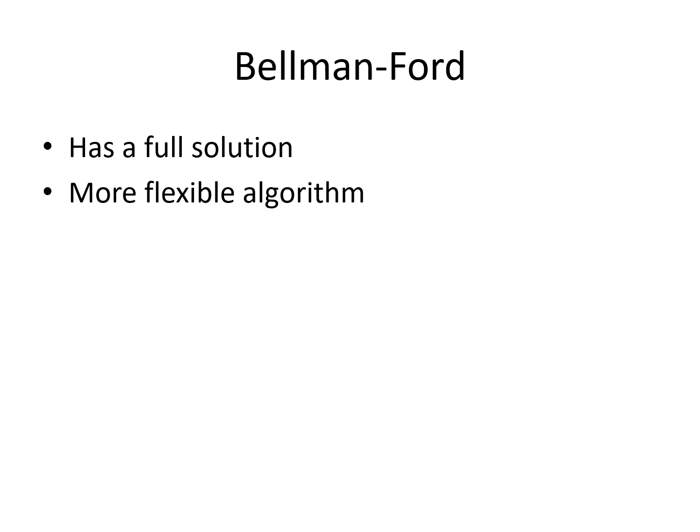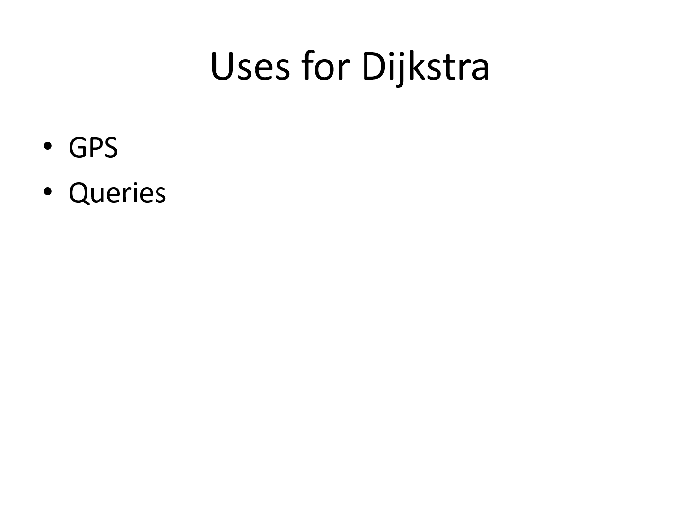It can use pretty much anything with its algorithm. So what are some uses for Dijkstra? Dijkstra is used in things like GPS systems for complicated calculations, and queries like SQL queries, looking up things, and whatnot.